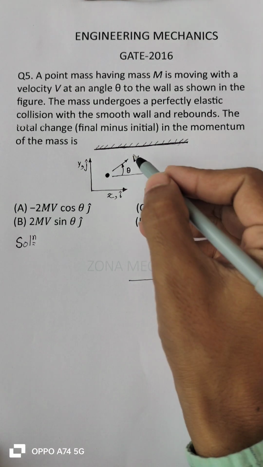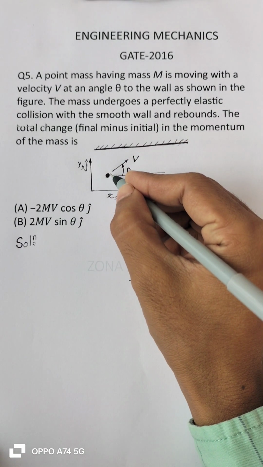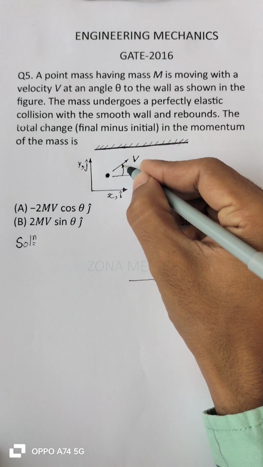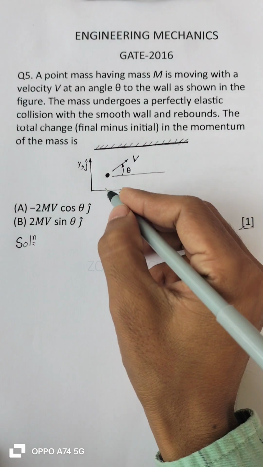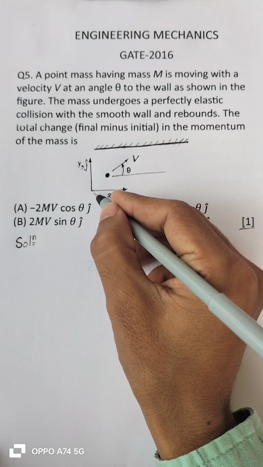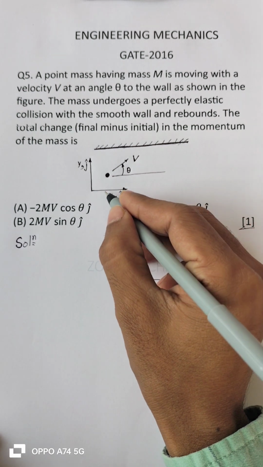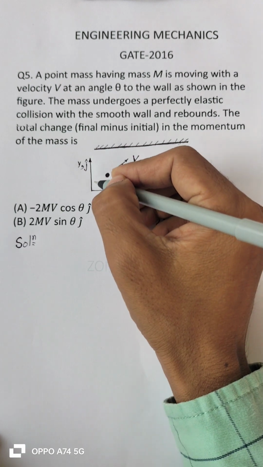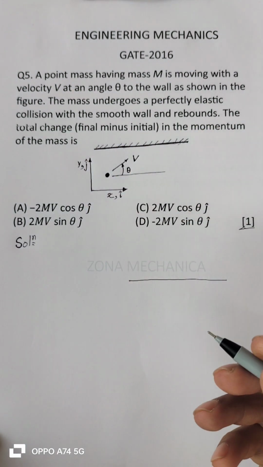Well, in the figure, as you can see, this is the wall and this is the point mass of mass m, and the velocity is in this direction, making an angle theta with the wall, that is horizontal. And this is the reference axis. This is x-axis, and the corresponding unit vector is i cap, and this is y-axis and the corresponding unit vector is j cap.